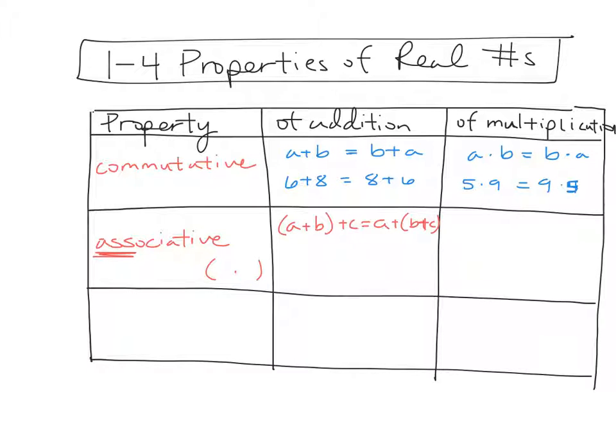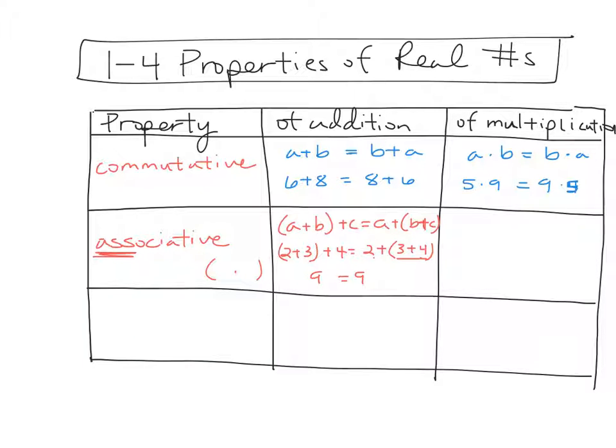So like if I do (2 plus 3) plus 4, that's the same as if I do 2 plus (3 plus 4). Okay, so think about it this way. This is 5 plus 4 is 9. This is 7 plus 2 is 9. So you get the same value, even though you moved where your parentheses were.